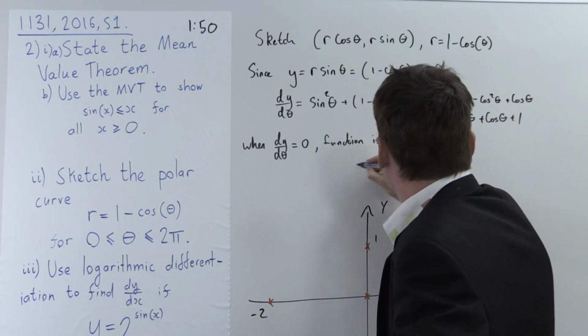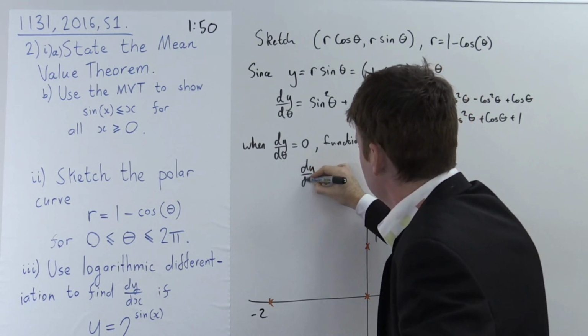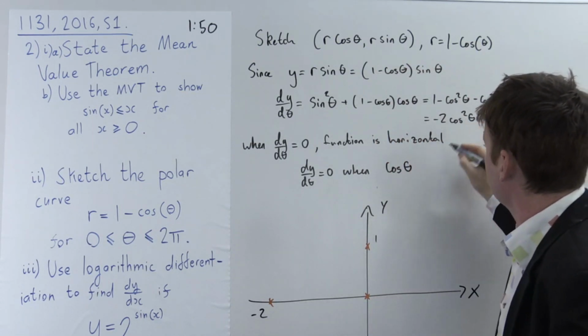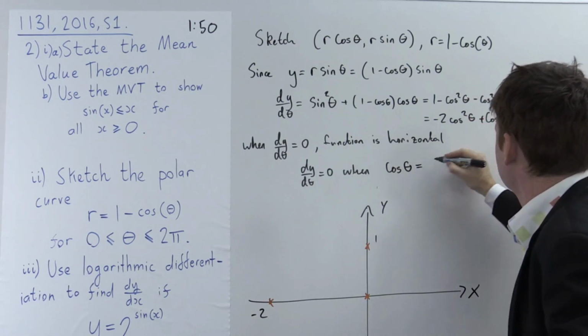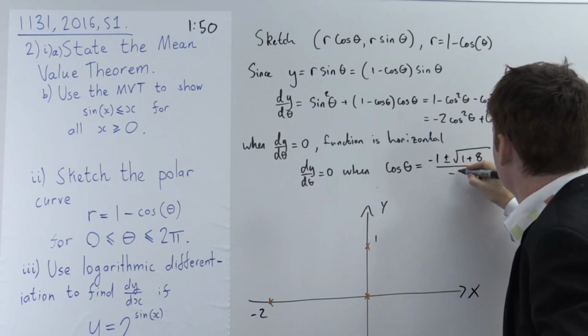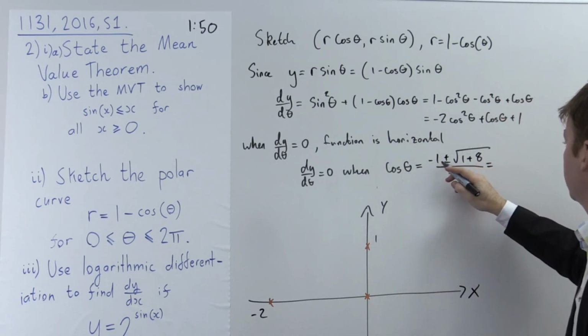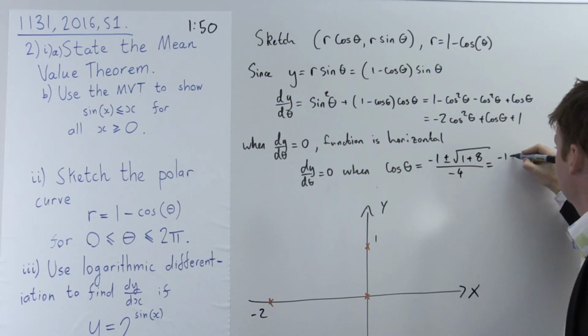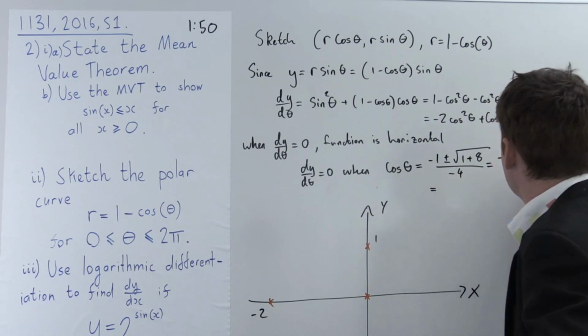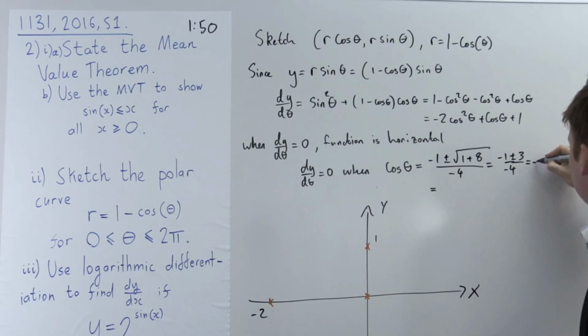So I could solve this: dy d theta equals 0 when it's quadratic in cos theta, equal to minus 1 plus or minus 3, which is either minus 1 or 1 half.